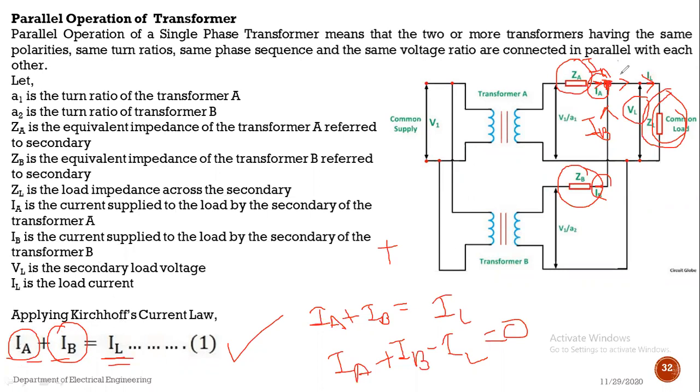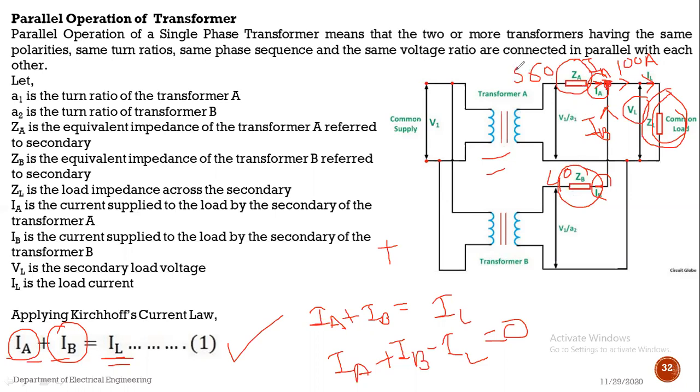Suppose 100 ampere current is flowing through this load. In that, 60 ampere will be flowing from IA. Suppose this transformer has a bigger kVA rating than that of transformer B, and 40 ampere will be flowing from the second transformer.